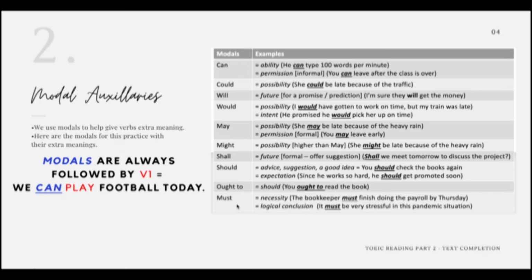And then the last one would be must. In this case, we can also talk about must as wajib in Indonesian. So it shows necessity: the bookkeeper must finish doing the payroll by Thursday. Or it draws a conclusion, or kesimpulan in Indonesian: it must be very stressful in this pandemic situation.